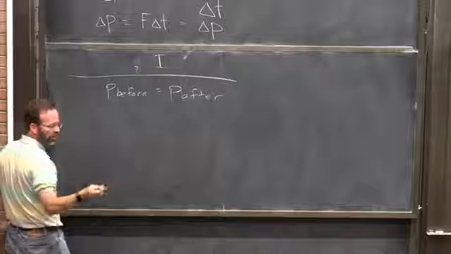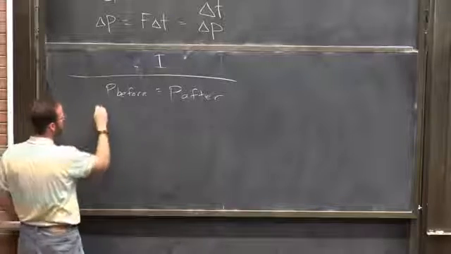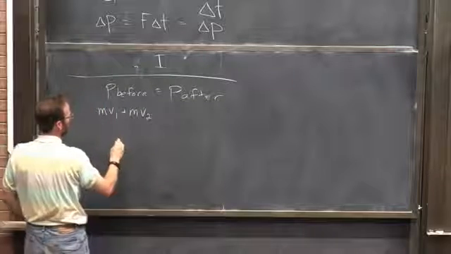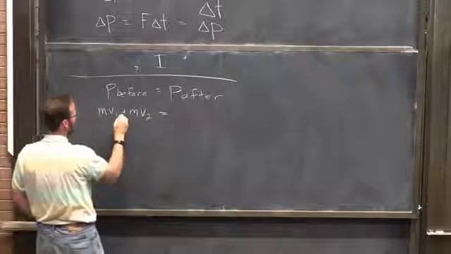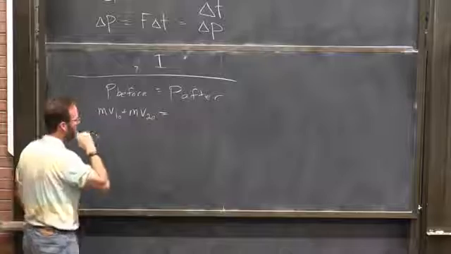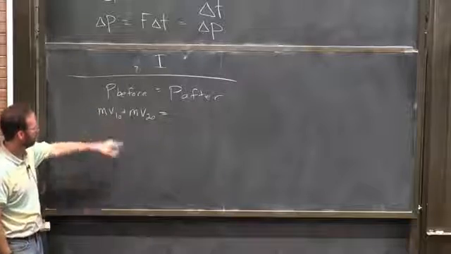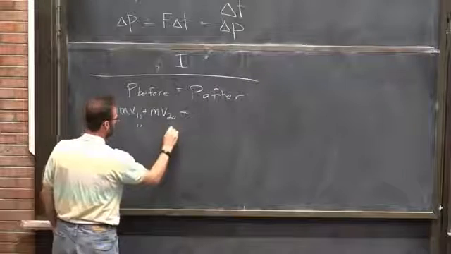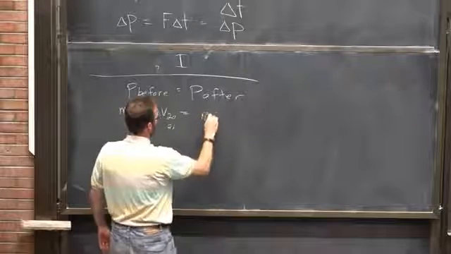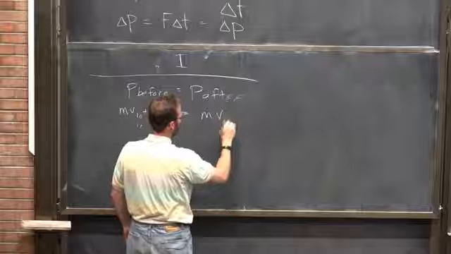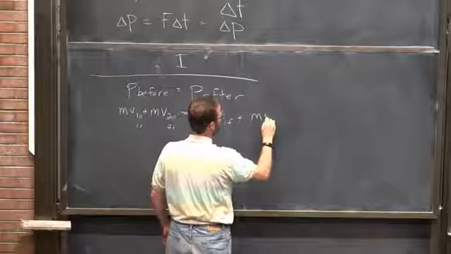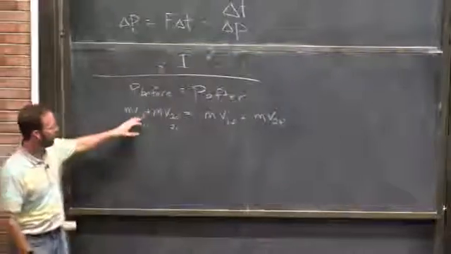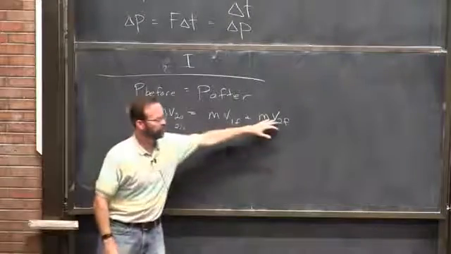So the momentum before is, since they have the same mass, m1v1 initial plus m2v2 initial, equals m1v1 final plus m2v2 final. So they both have momentum before, they both have momentum after.